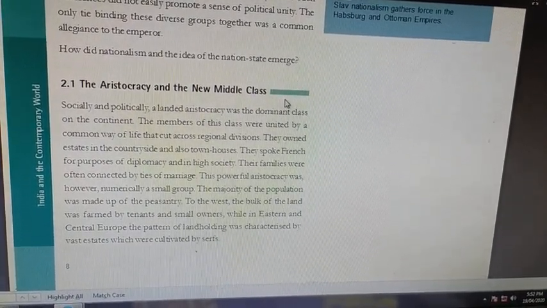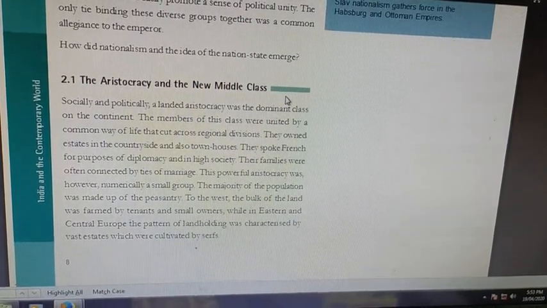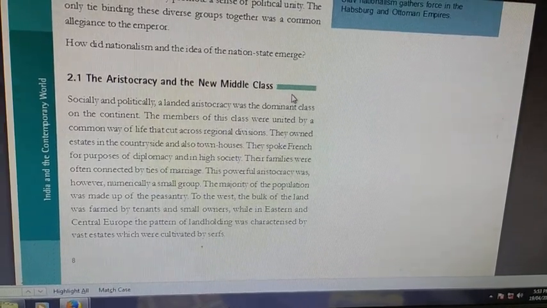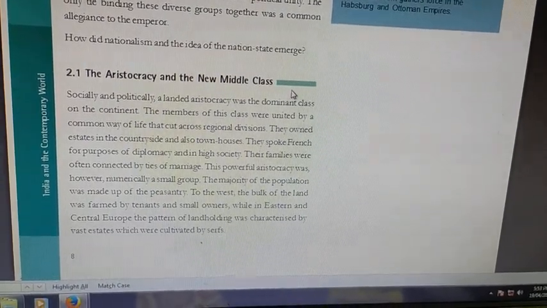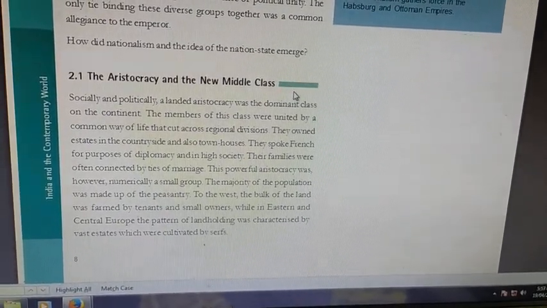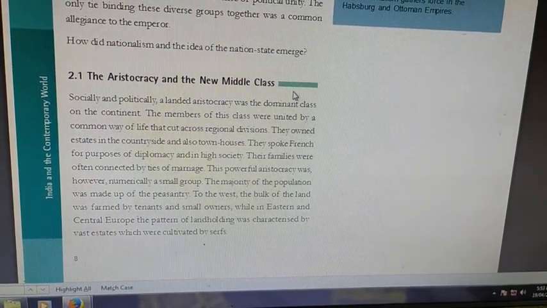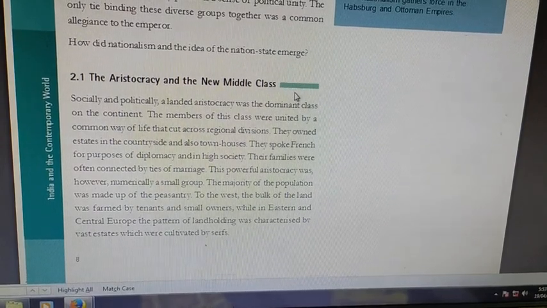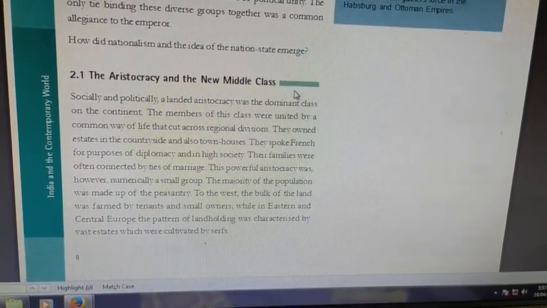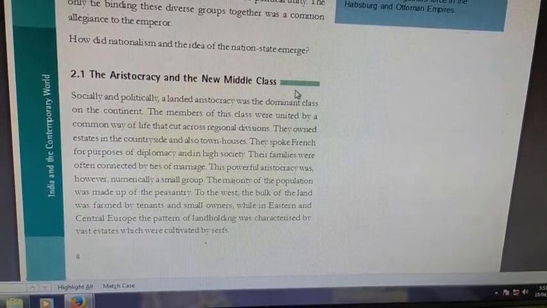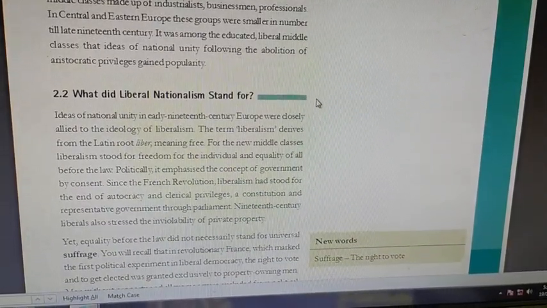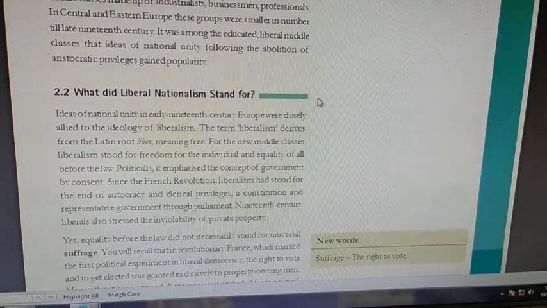Industrialization began in England in the second half of the 18th century, but in France and parts of the German states it occurred only during the 19th century. In its wake, new social groups came into being, a working class population and middle classes made up of industrialists, businessmen and professionals. Now one question is in front of us: what did liberal nationalism stand for?